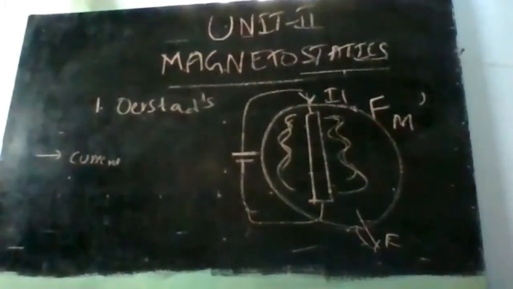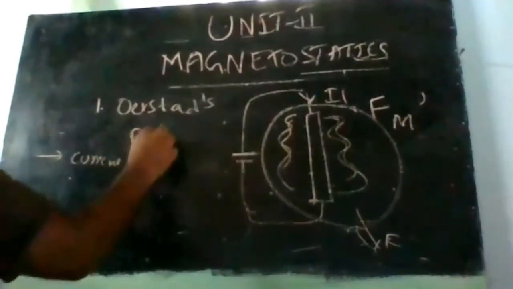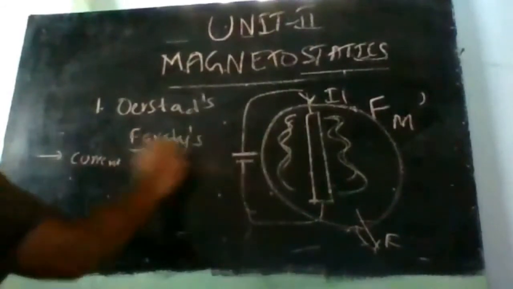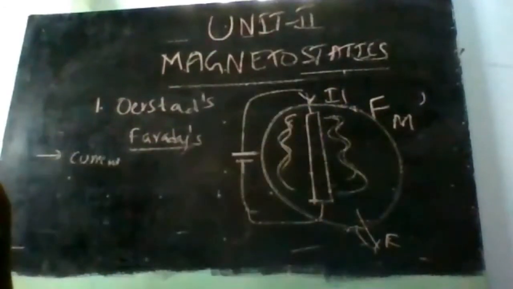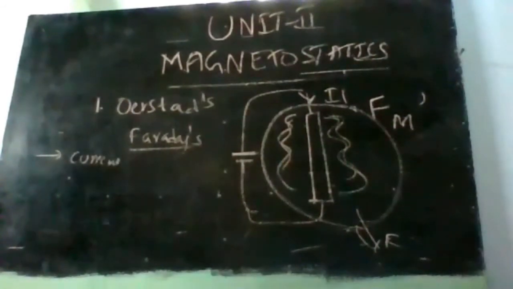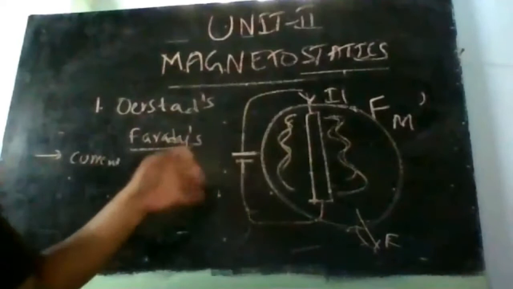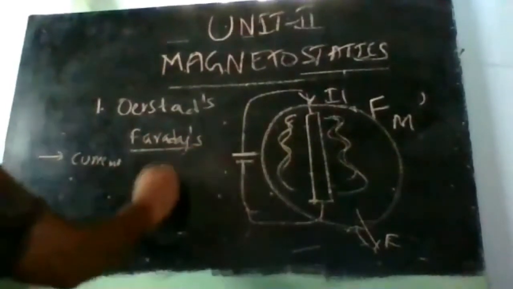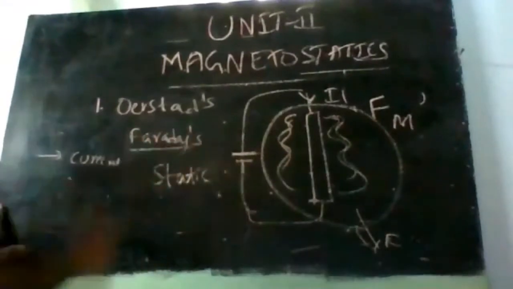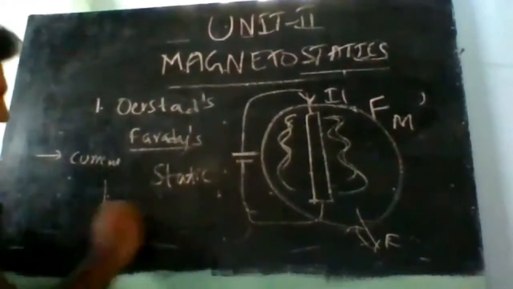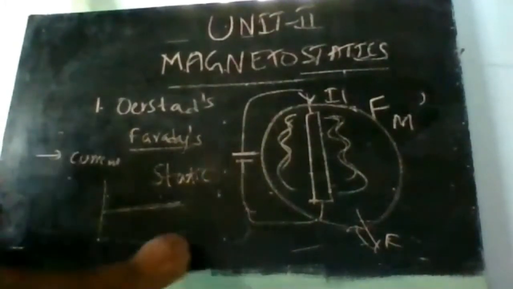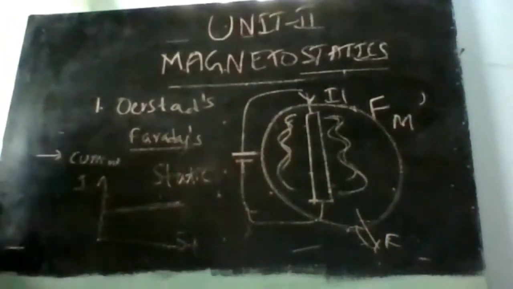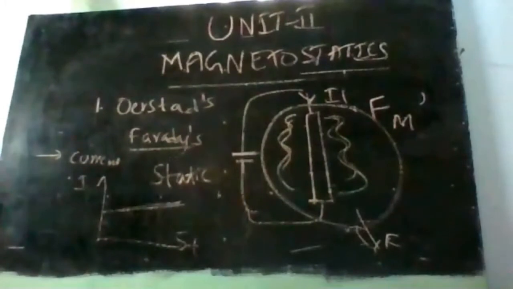Next, Faraday slightly improved that. From the Ørsted experiment, he said that if the current you are passing is of static nature, that is, constant with respect to time, then the field will also have static nature.